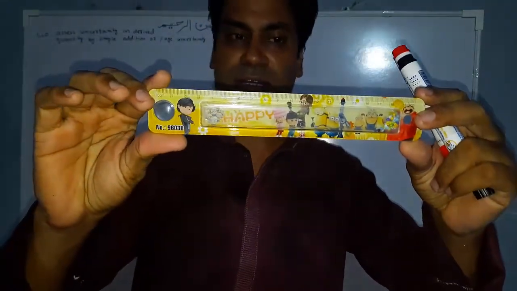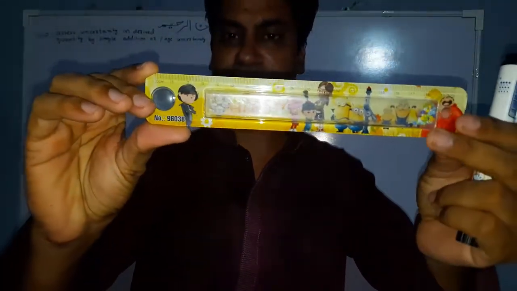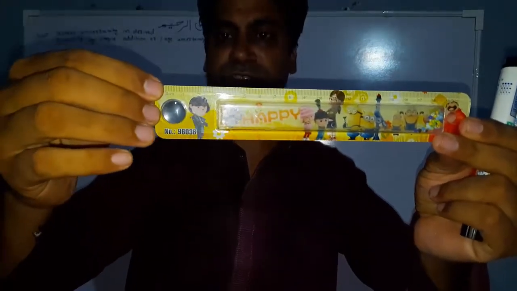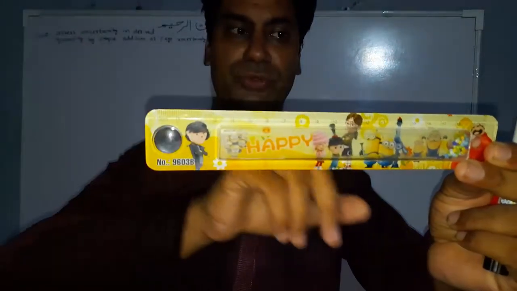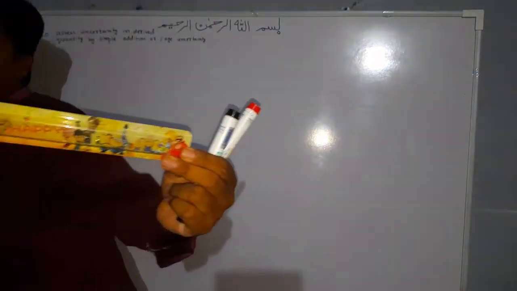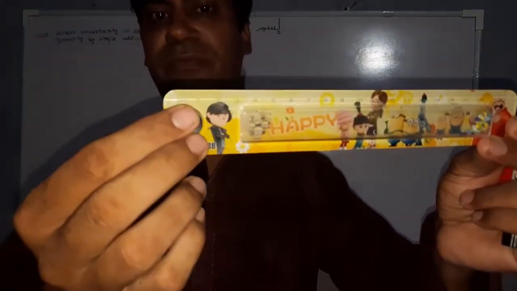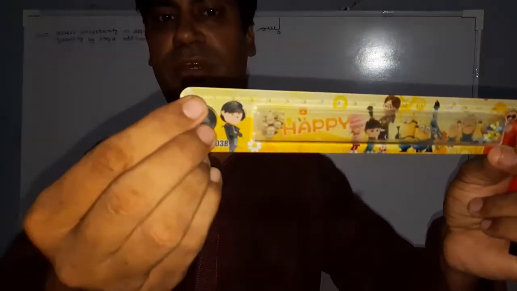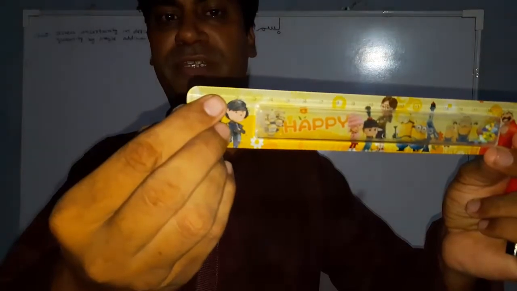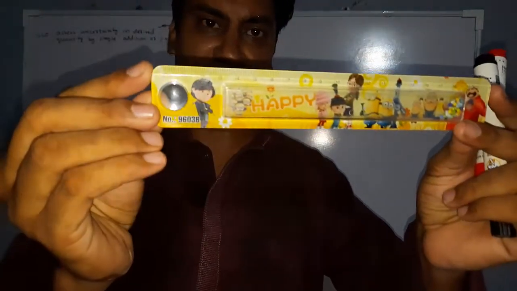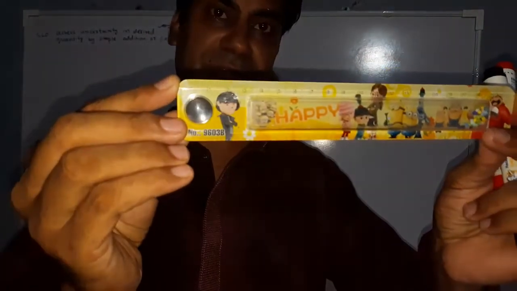In this scale you can see that the values are marked from 0 to 20. Now between 0 and 1 centimeter we have 10 divisions, just like 1, 2, 3, 4, 5, 6, 7, 8, 9, 10. There are 10 divisions within 1 centimeter.